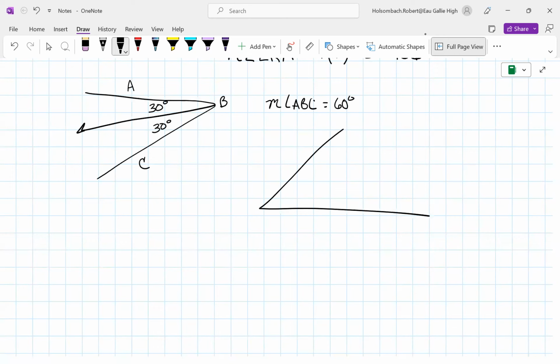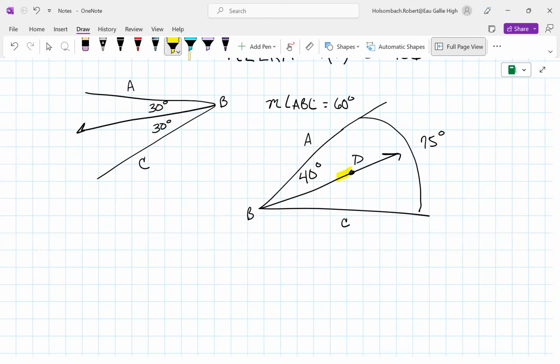If I give you this, angle ABC, and I put a ray in here, and I tell you that the measure of ABC is equal to 75 degrees, and the measure of ABD is 40 degrees. What is the measure of angle DBC?